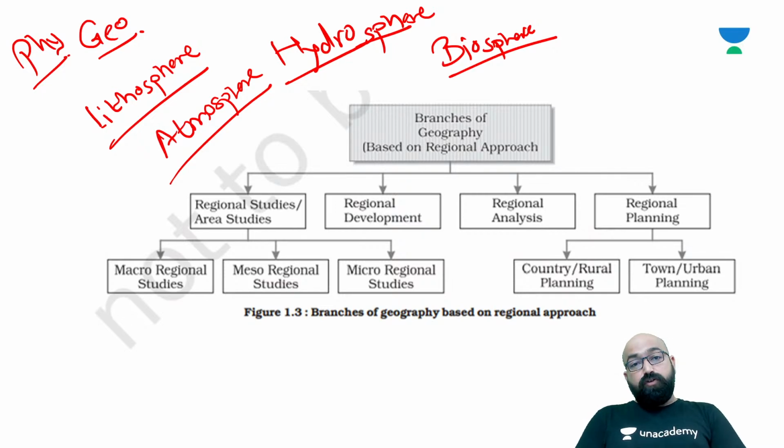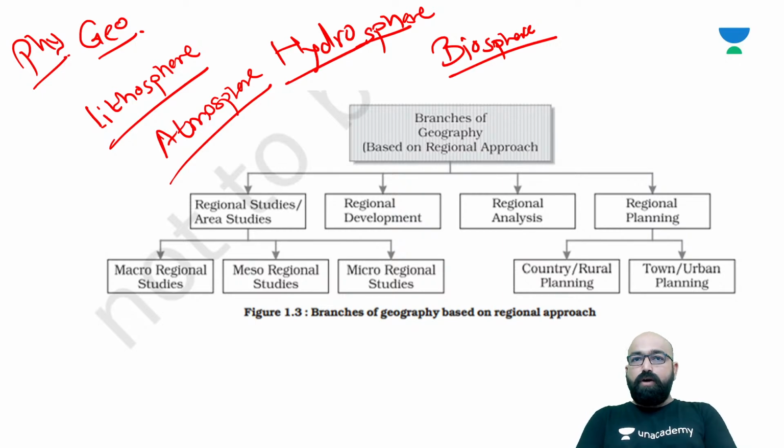Now, landforms provide the base on which human activities are located. The plains are utilized for agriculture. Plateaus provide forests and minerals. Mountains provide pastures, forests, tourist spots, and are sources of rivers providing water to lowlands. Now, climate influences house types, clothing, and food habits.